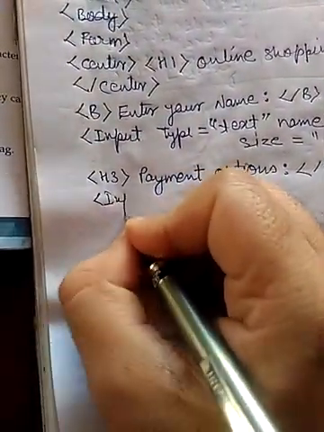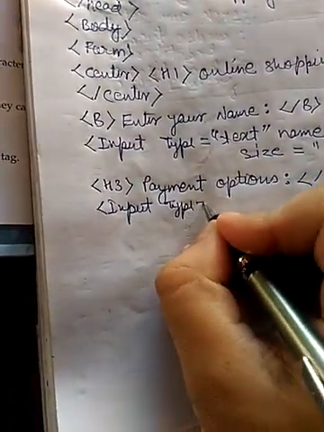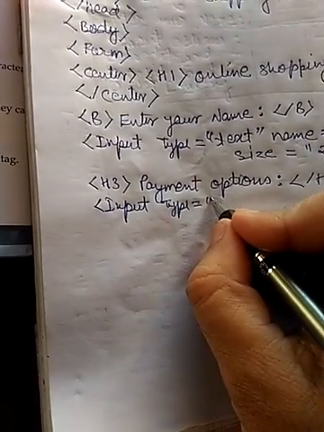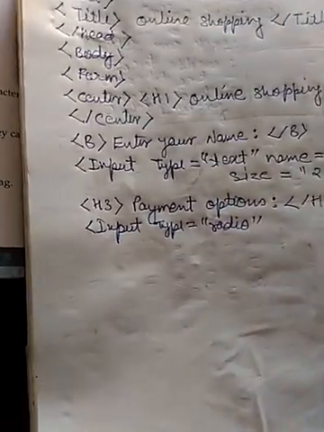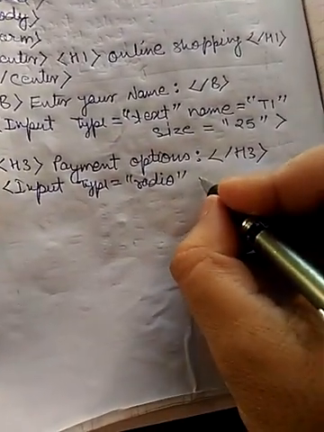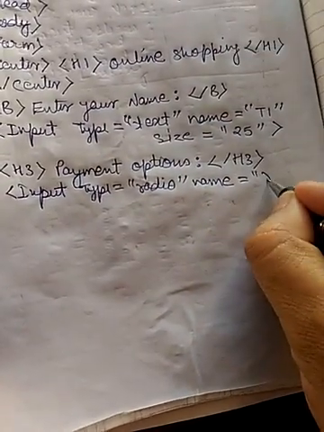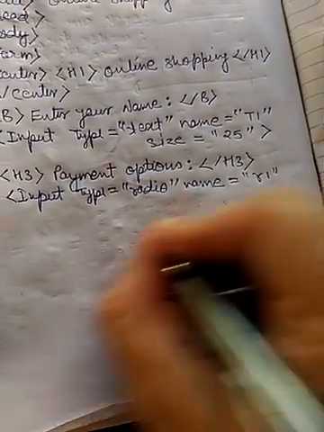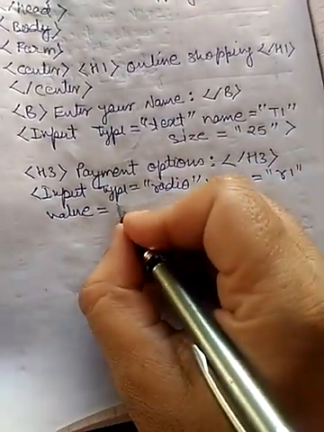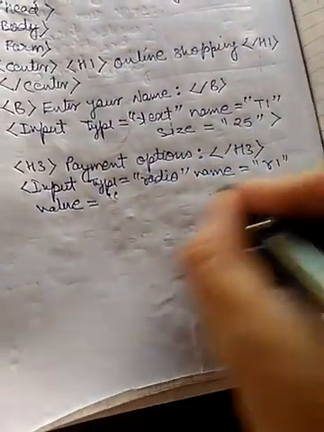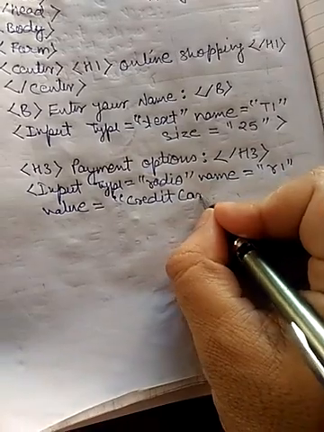Then again input type here is radio, so I am writing radio. Name of the control, so I am writing name as, let us say, R1. Then the value, the value which is going to be submitted, I am writing here, let us say, credit card.